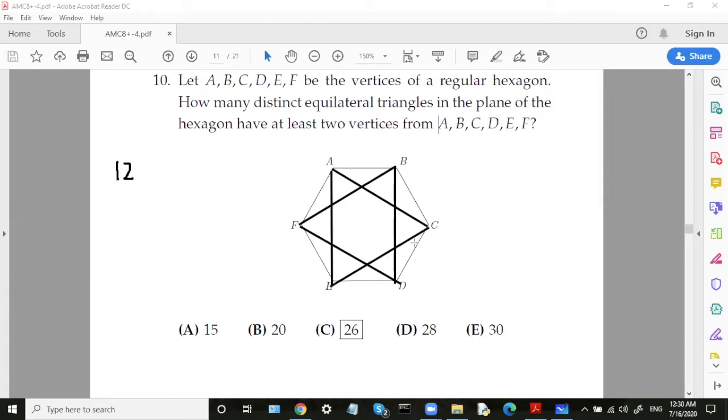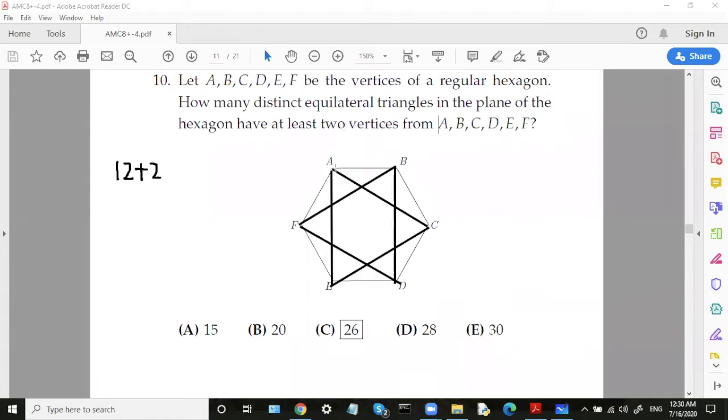So here, these 3 vertices construct equilateral triangles already. At least 2 vertices, so 3 vertices are also included. So we have two more equilateral triangles.